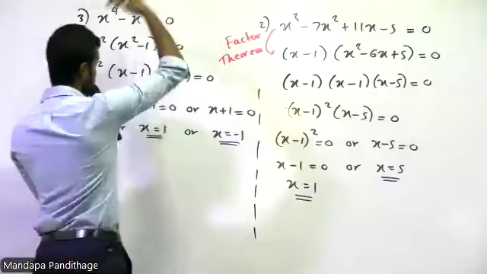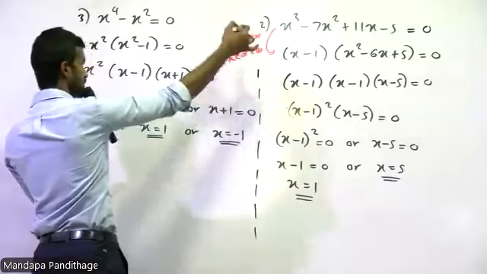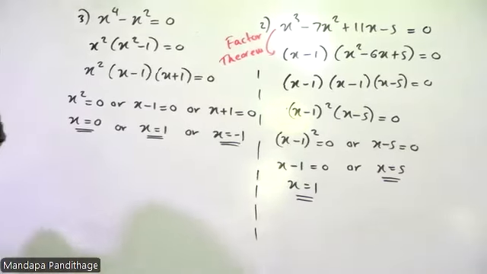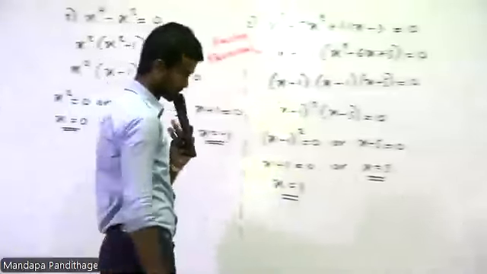Then after writing 1 and 3, write this. Put a red star mark and write in a normal pen.